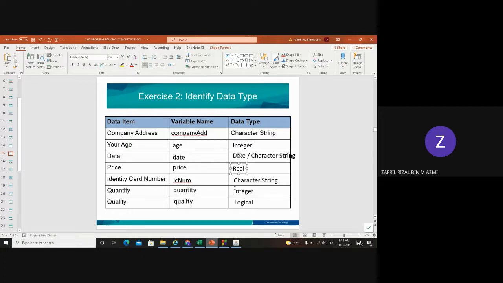Most of the time a program involving price will have a calculation to get the sum or the average. Identity card, as I explained earlier. Quantity, most of the time quantity is integer, not real. Quantity 1.1 ice cream cannot, so 1 ice cream, 2 ice cream, 3 ice cream.